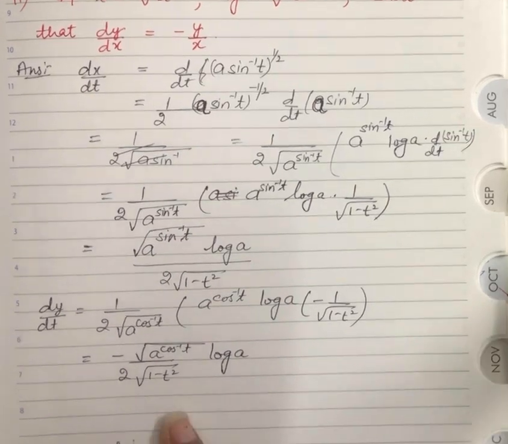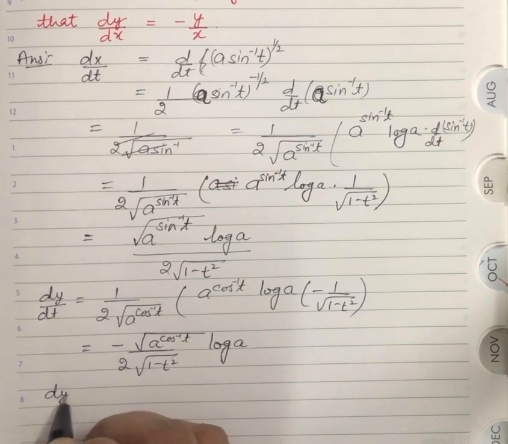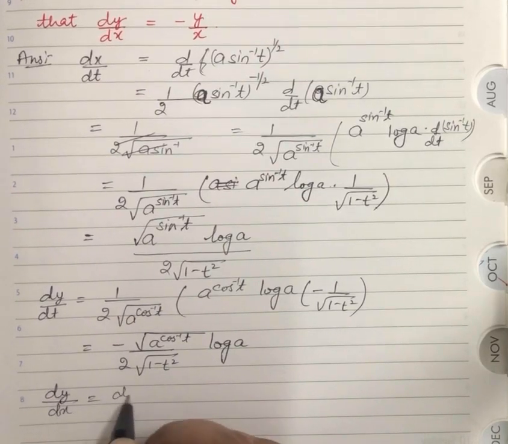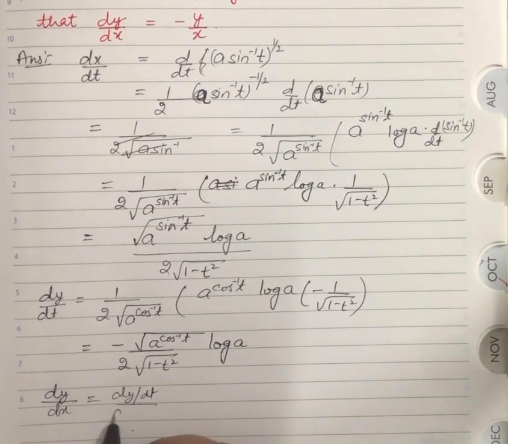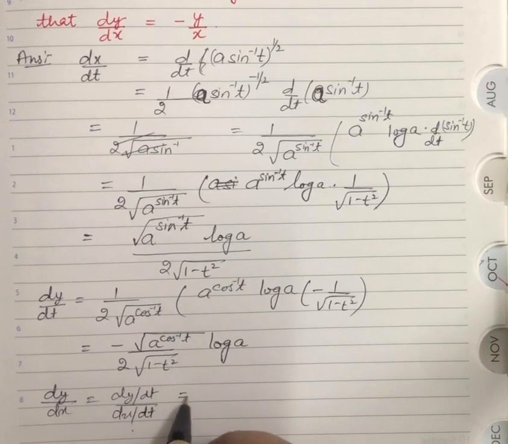Now we have to find dy by dx, which can be written as dy by dt upon dx by dt.